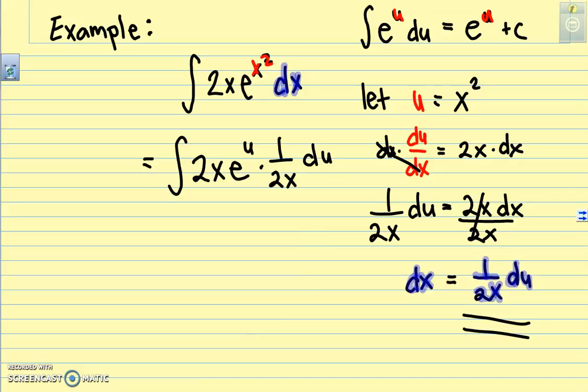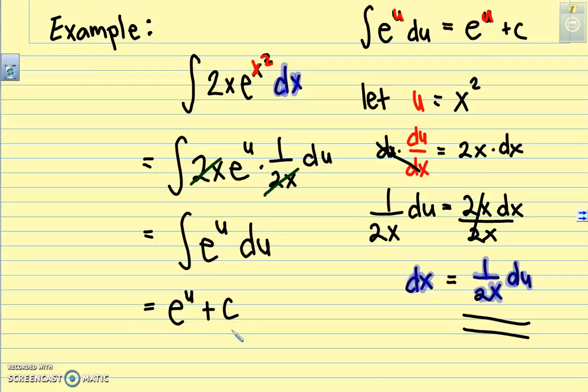Some nice things start happening here. For example, the 2x with the 2x cancel out. And this just becomes e to the u. So integrate e to the u with respect to u. That is just e to the u plus c.